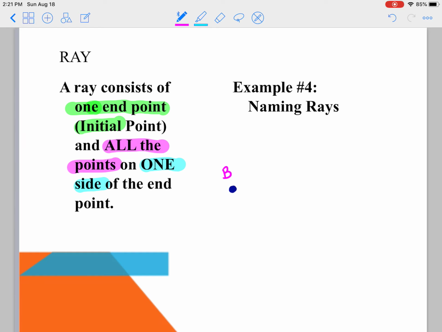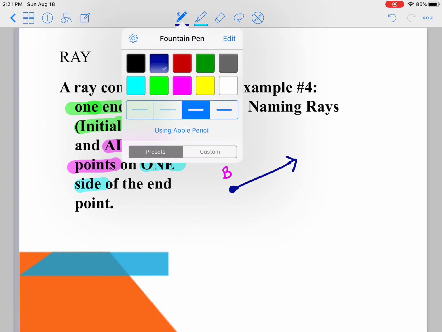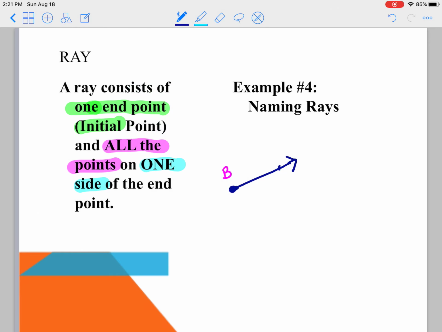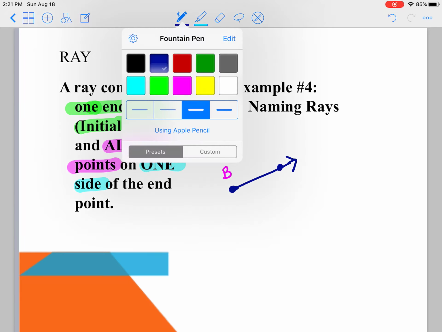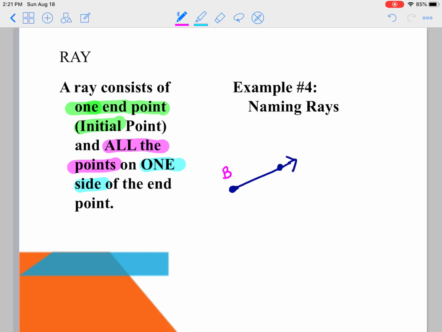And so what's going to happen is this ray will extend in one direction, and that direction will be denoted by a second point. Let me change the color so that we keep our color convention the same.